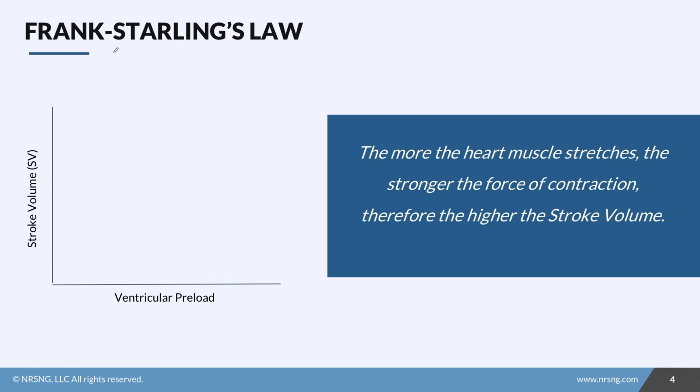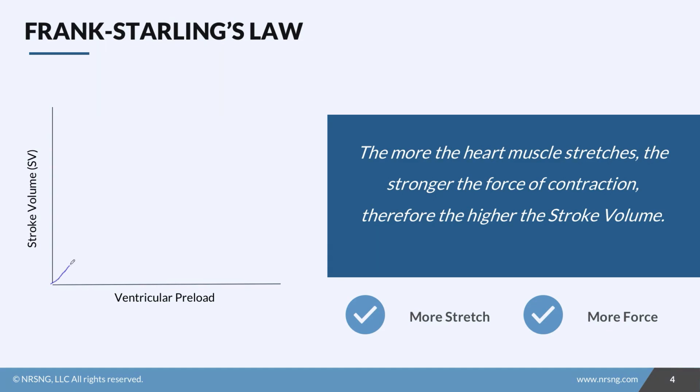To better understand preload and the impact of preload, we have to understand something called Frank Starling's law. Now, what this law says is that the more the heart muscle stretches, the stronger it will contract, and therefore the higher the stroke volume. Now, more stretch, more force, higher the stroke volume.